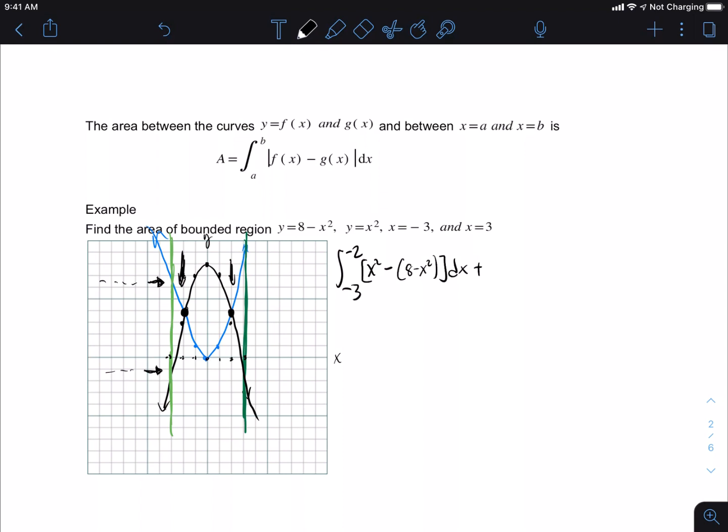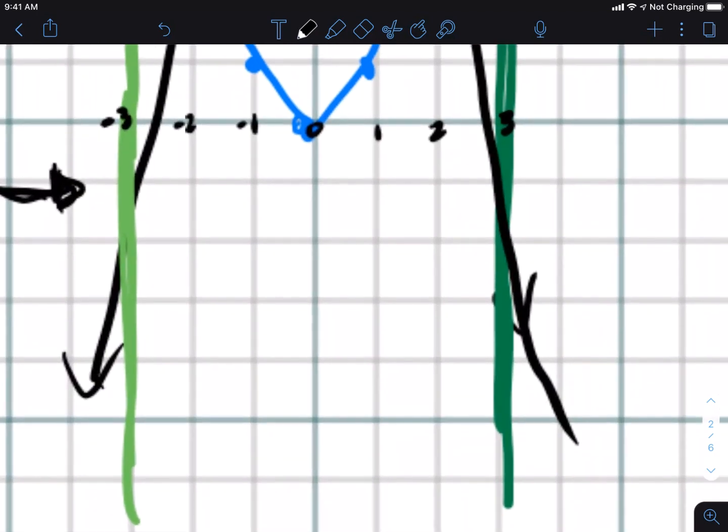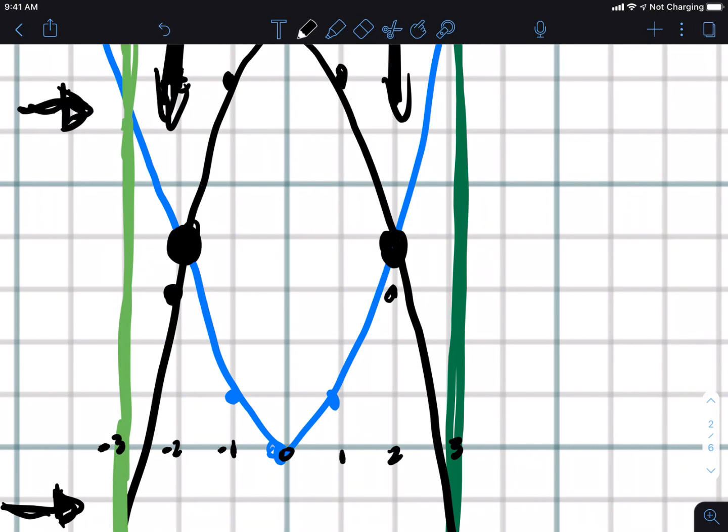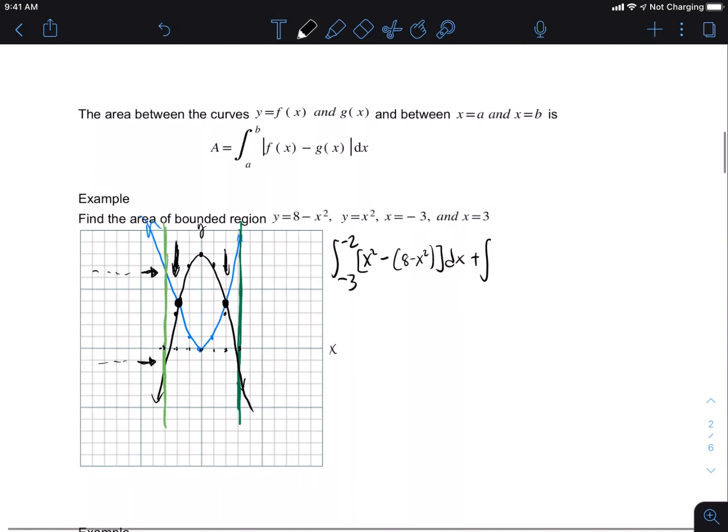So where's that middle chunk going to go from what to what? From -2 to 2. That's it. Now what's on top? 8 minus x squared. Minus x squared, right?